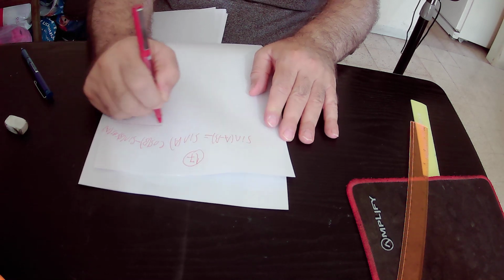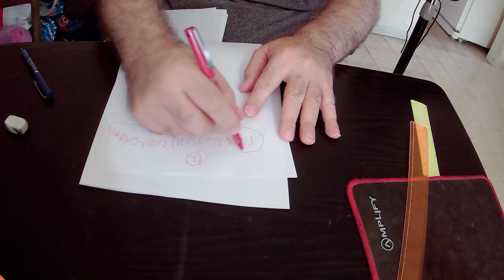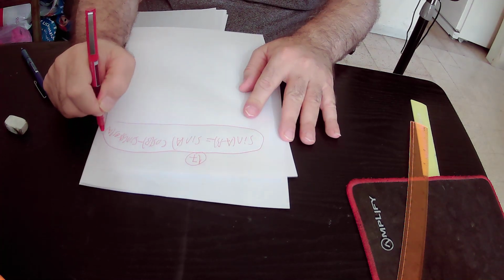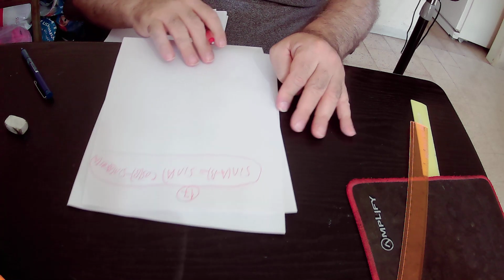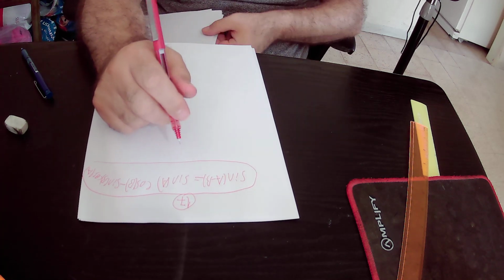Okay, so we will find out the value of sine 120 degrees minus p according to this trigonometric identity.